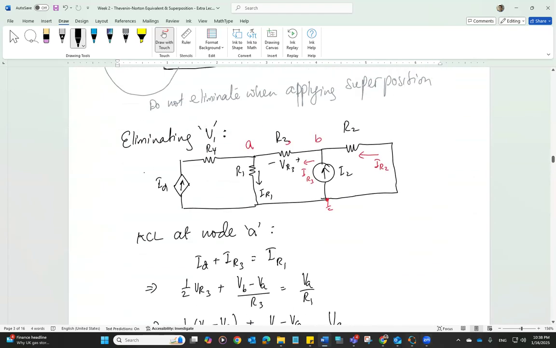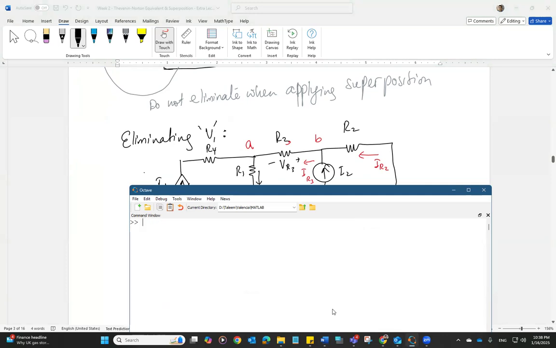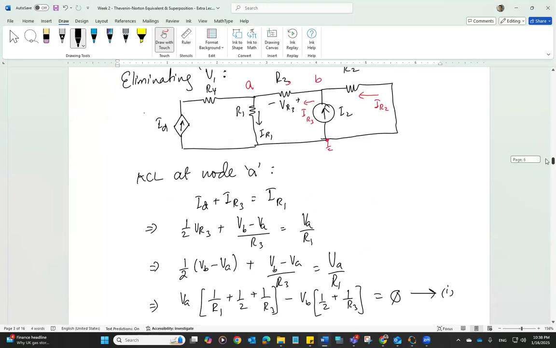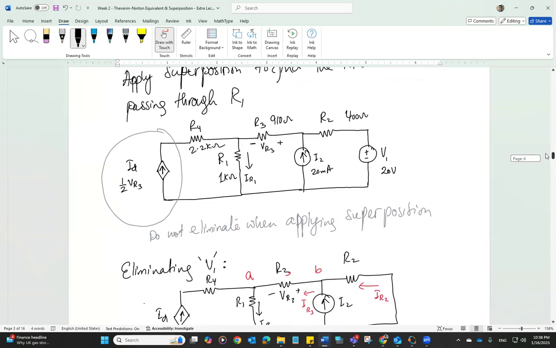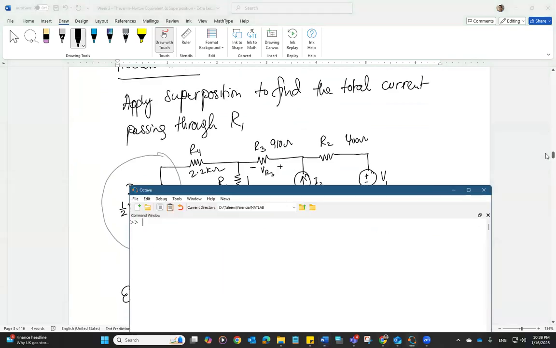I'm going to have to enter values in my MATLAB first. Clear. Oh, I did not assign values. Interesting. Actually, I did assign values. This is the second circuit where I eliminated; this is the original circuit. Okay, so all the values have been assigned.